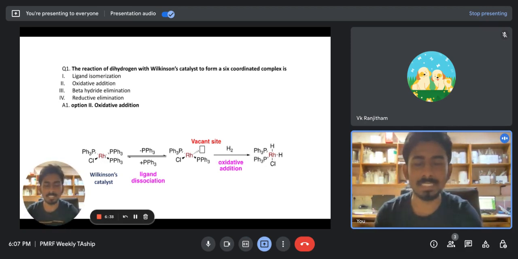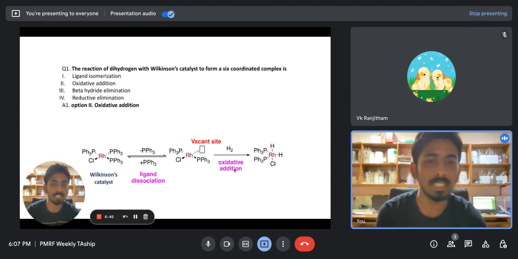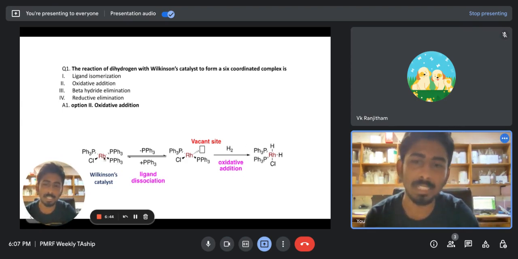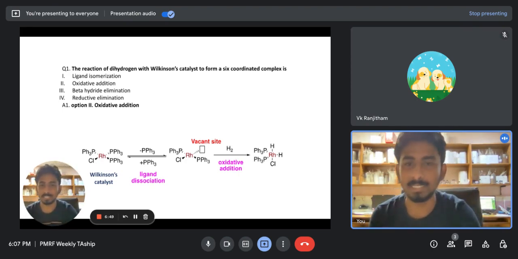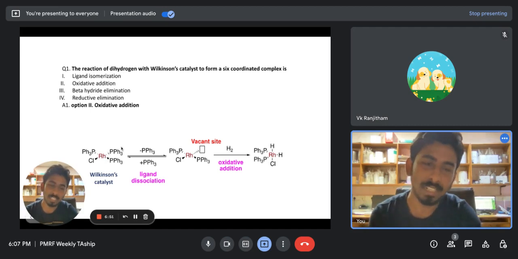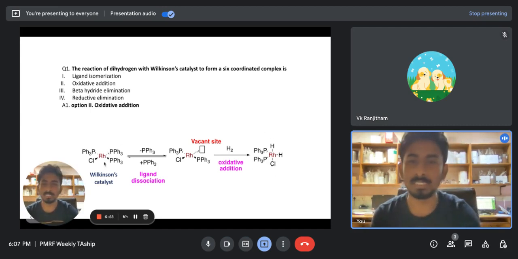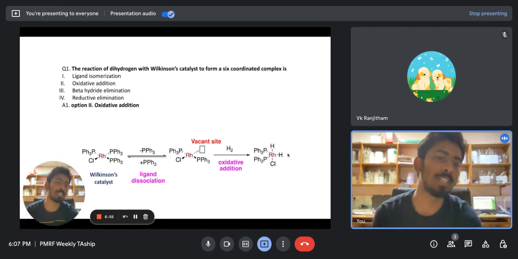Remember, in each and every case, whenever oxidative addition occurs, the oxidation state of the metal increases by 2 units. If it is metal 0, it will go to metal +2. If it is metal +2, it will go to metal +4.